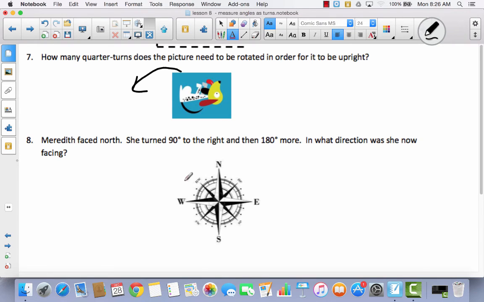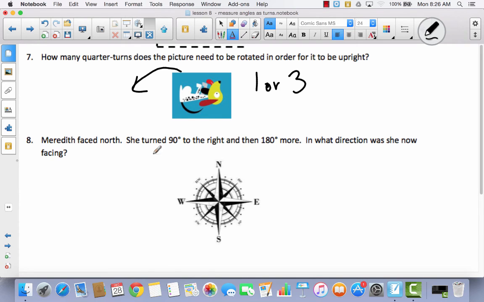But if you turned it this way, you would have to make 3 quarter turns, because when you turn it this way, it'd be upside down, and then you turn it again, it would be facing this way, and then you'd have to turn it this way, so that would be 1, 2, 3. So I would take either. I would say you could say 1 quarter turn, or you could say 3. Depends on which way you turn it. Because if you turn the paper this way, then you would have to turn it 3 times. But if you turned it once to the left, you would only have to turn it once.